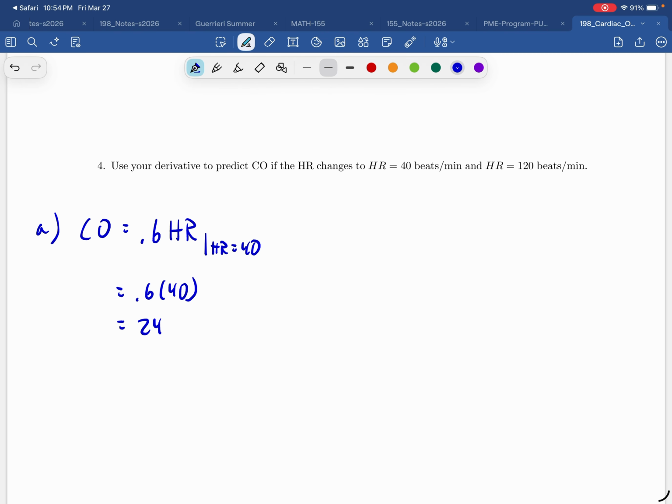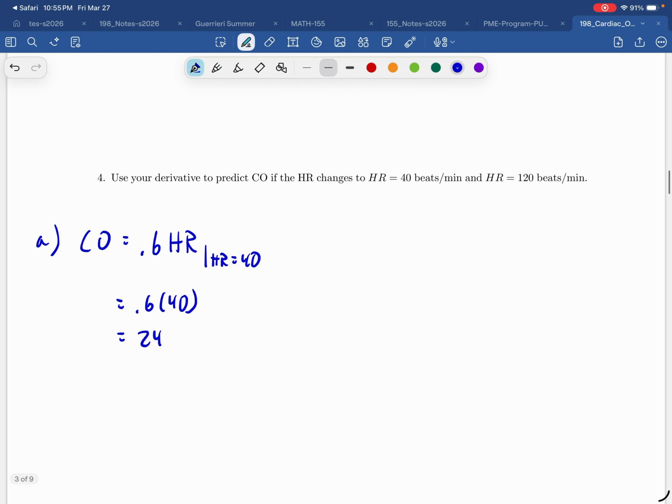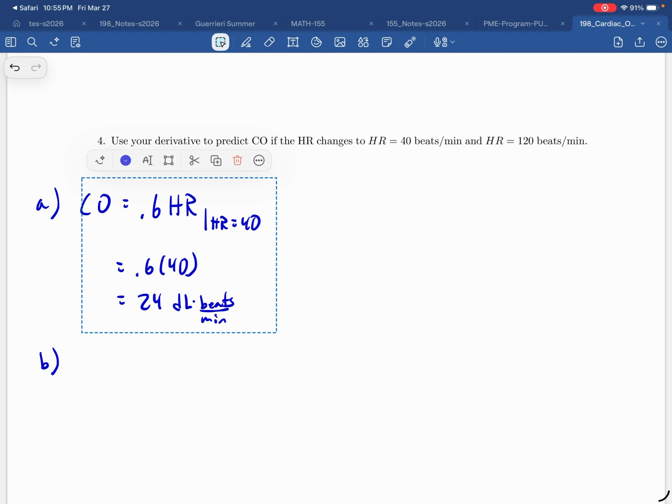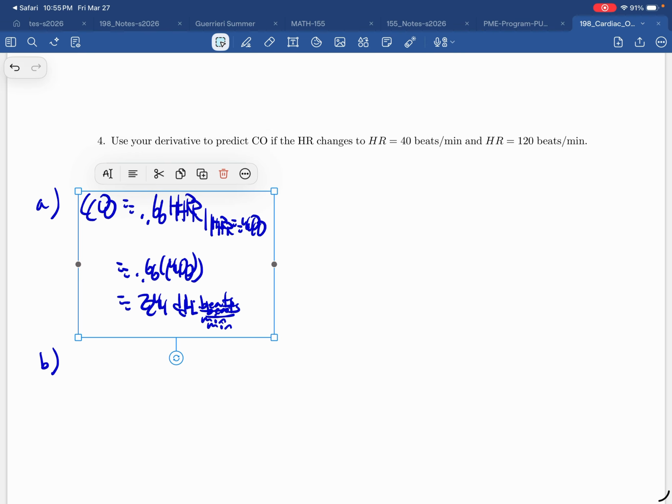And what is that? Beats per minute, was it deciliters? Beats per minute, right? And then similarly, of course, I'm just going to copy paste this because it's the same thing, right?